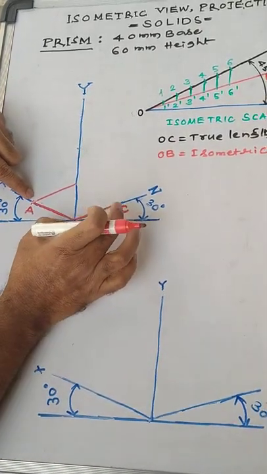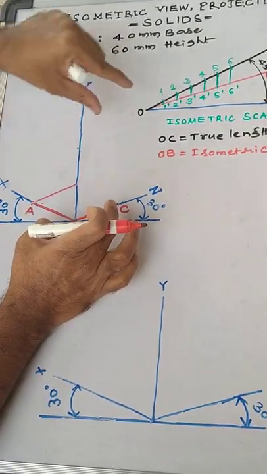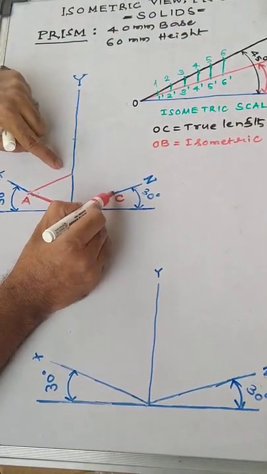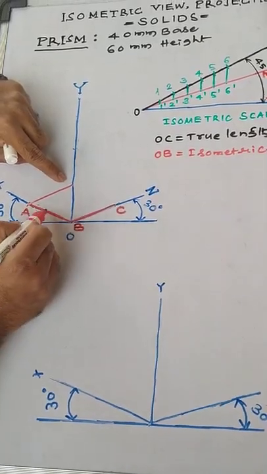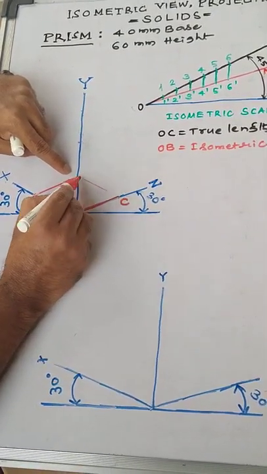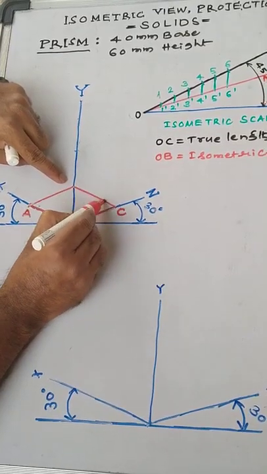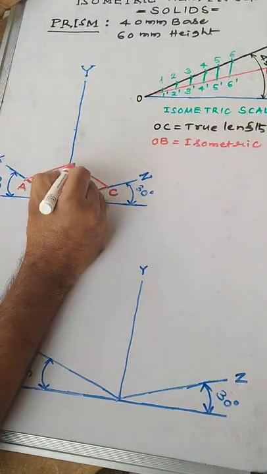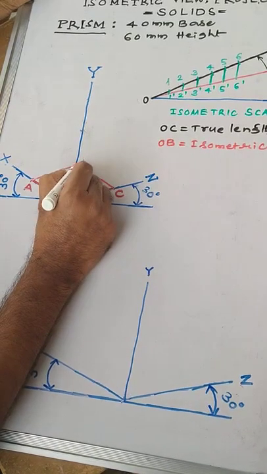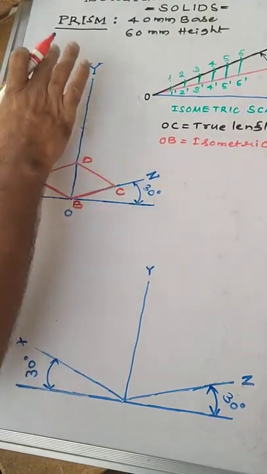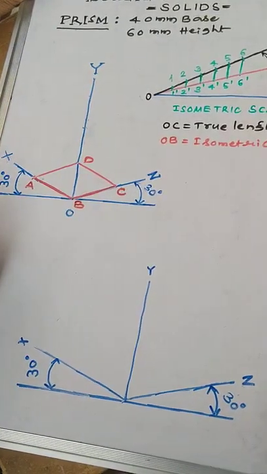It represents BC, exactly 0 to 4 dash. Similarly, passing through C dash, draw a parallel line to OA. After getting this rhombus, ABCD is going to be the prism base.